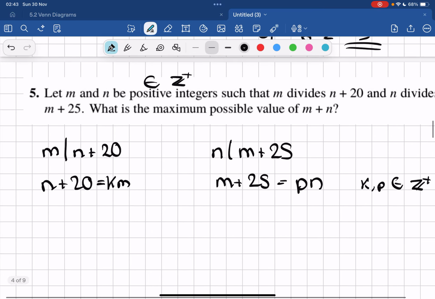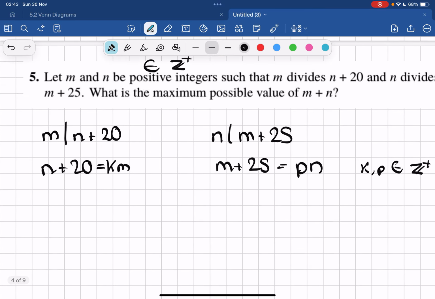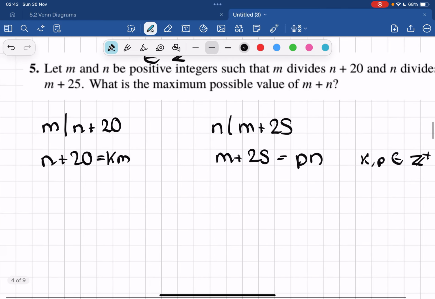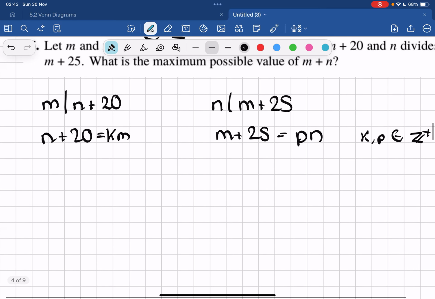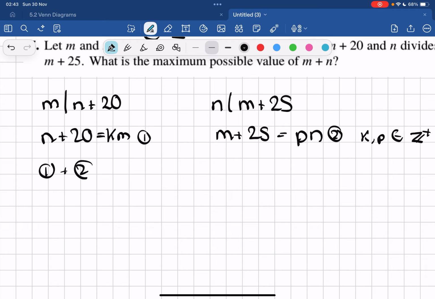Now, since we want to find m plus n, we can sort of force an equation by finding the sum of our two equations 1 and 2. So 1 plus 2 gives m plus n plus 20 plus 25, which is 45, equals km plus pn.